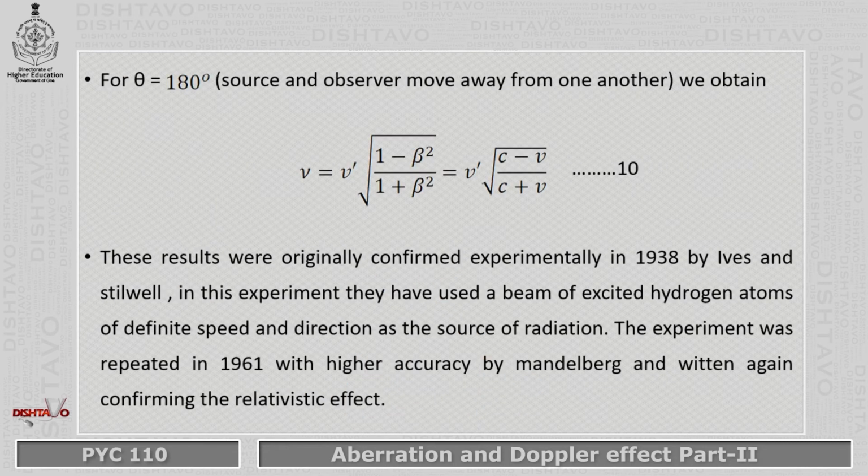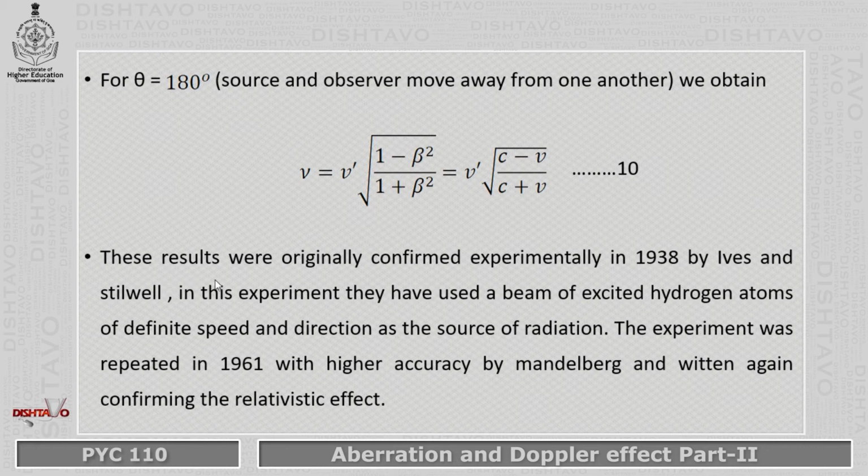For theta equal to 180 degrees, which signifies that the source and the observer move away from one another, we obtain nu equal to nu prime into square root of 1 minus beta square divided by 1 plus beta, which is nu prime into square root of c minus v divided by c plus v. This is equation number 10.